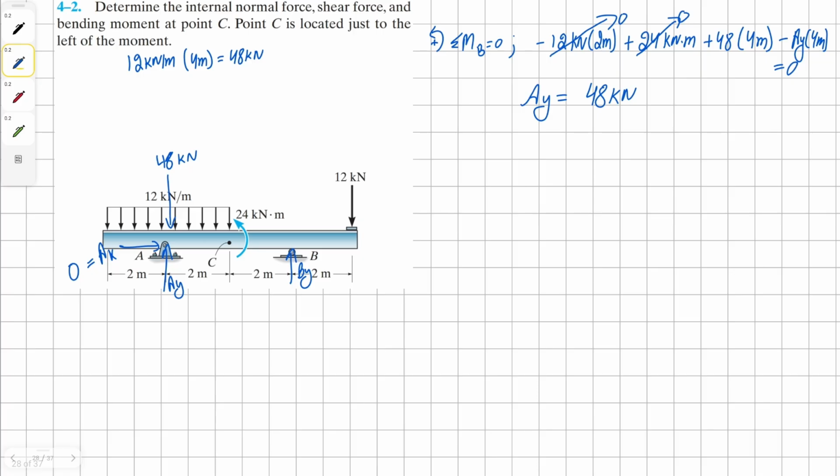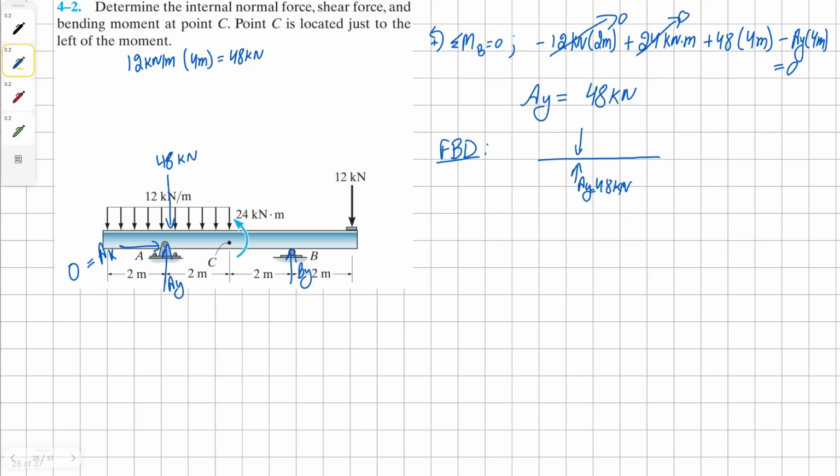For that, we just have to, first of all, draw the free body diagram. This is going to be our AY, which we found to be 48 kilonewton.